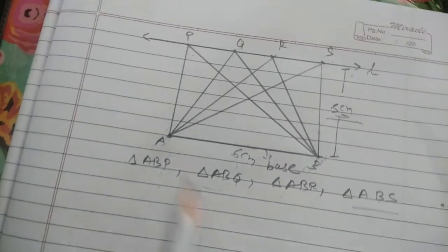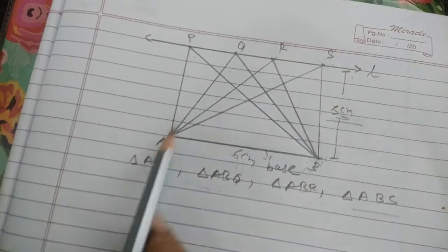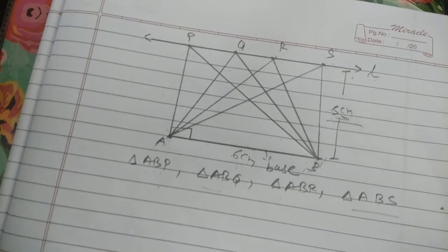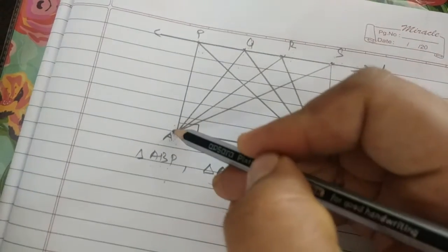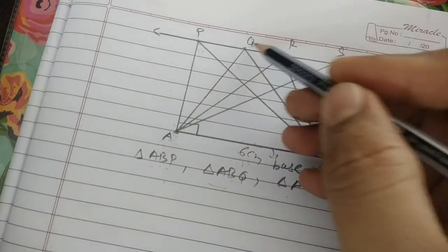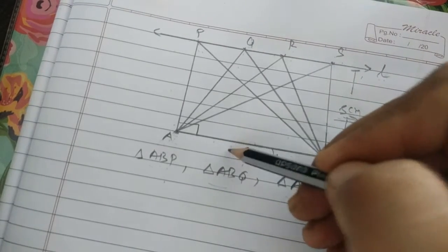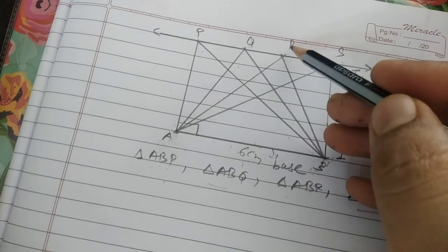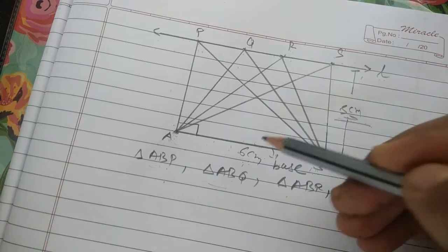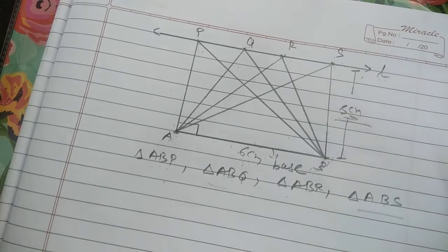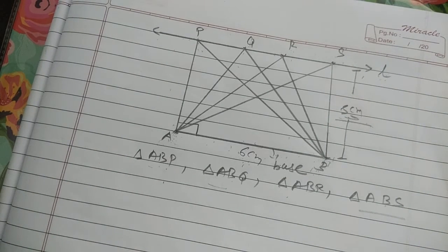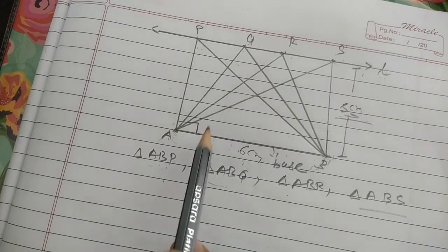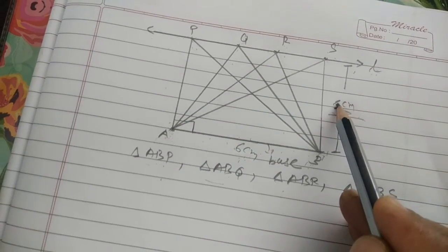As we can see, P is perpendicular to AB, so PA will be our perpendicular. Similarly, we can draw Q to AB, and from R and S perpendiculars to AB. Here we have to keep in mind that the perpendicular will be the height of our triangle, and the height will be the same, that is 5 centimeters.